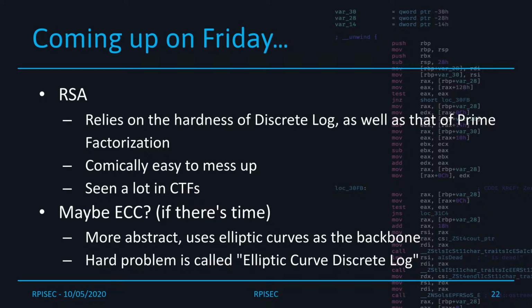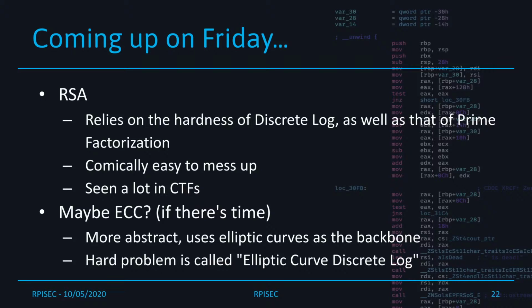And actually, in the case of prime factorization, if you have a powerful enough quantum computer, then there actually is an algorithm that can factor a number into its prime factors in polynomial time. However, that type of computer is a long way off, so don't go freaking out saying that RSA is dead just yet.